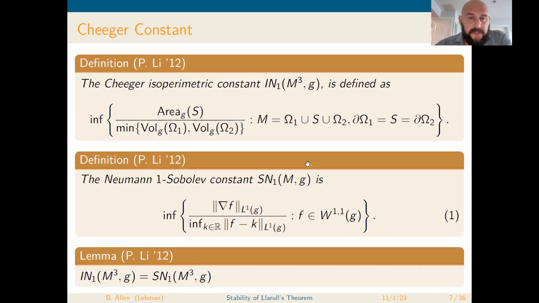The other thing that makes it really useful is that you have this isoparametric representation, which is the geometric representation, but it's equivalent to an analytic representation that gives you a Sobolev inequality, right? So you can compare the L1 norm of the gradient divided by this sort of Poincare type constant, F minus a constant K. And that K is not necessarily the average, but it is realized.